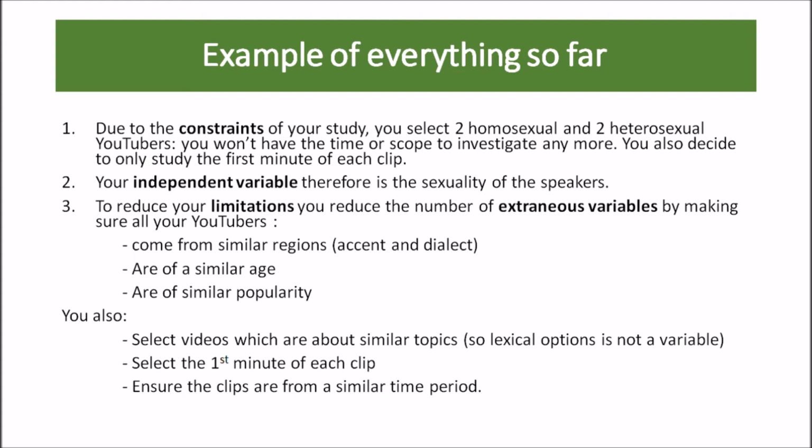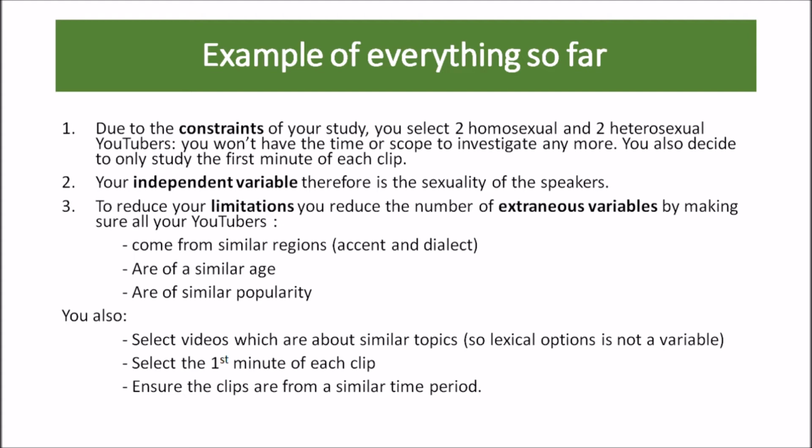You're going to select the first minute of each one, and then you're going to ensure the clips are from a similar time period. I know this is a very thingy example, but people's discussion of Trump from 6 years ago before he's president is very different to what it's going to be like now. So it doesn't have to be the same day or even the same week, but whatever the topic is, just make sure there's been no reason for the choices to change based on something contextually.